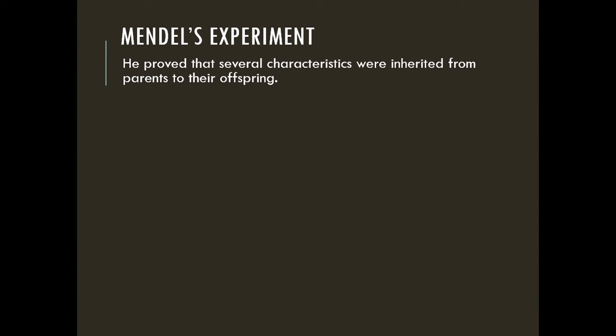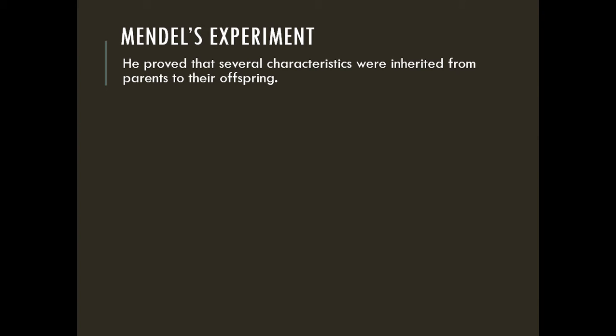Mendel's experiment. He proved that several characteristics were inherited from parents to their offspring. This was a theory that was already present before Mendel, and a lot of scientists theorized that parents can pass their genetic material to their offspring.